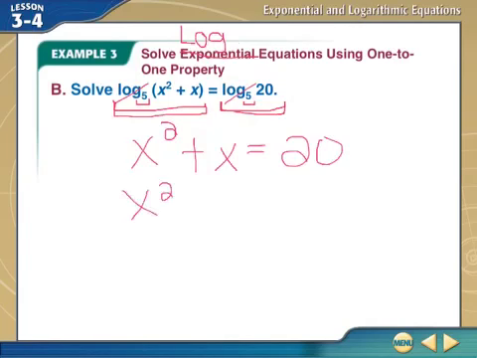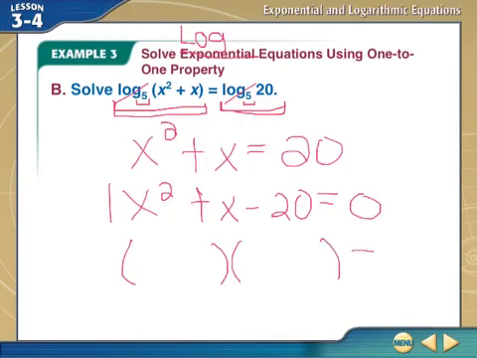I'm going to get all 3 terms on the same side by subtracting 20 from both sides. And then I'm going to solve for x by, in this case, since my lead coefficient is 1, I can go ahead and factor this quadratic and say that x times x is going to give me my first term, or x squared.